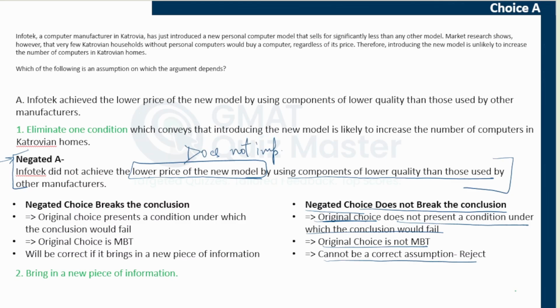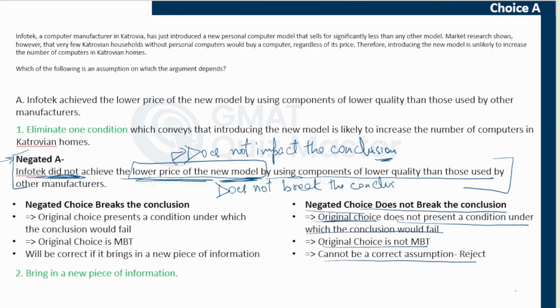Whether Infotech used lower quality components or produced it in a large number using a more efficient process, whatever is the way in which Infotech achieved this lower price, does not impact the conclusion. Therefore, this information that Infotech did not achieve the lower price of the new model in this way does not break the conclusion, right? It does not break the conclusion.